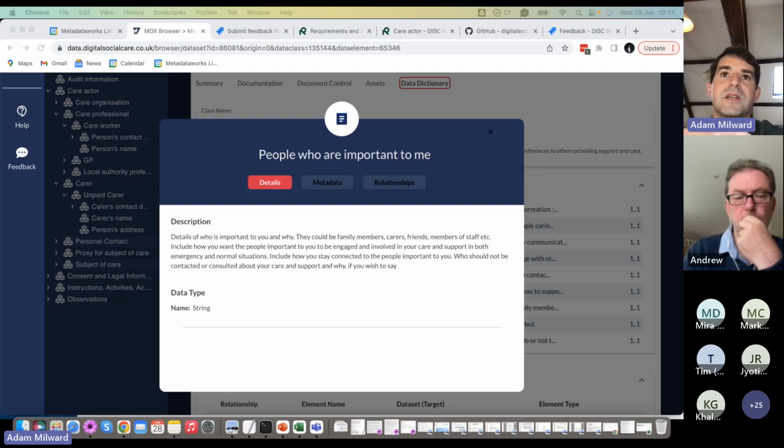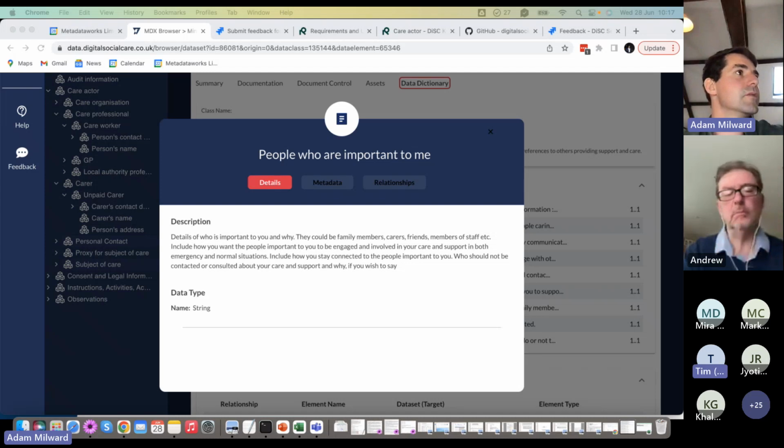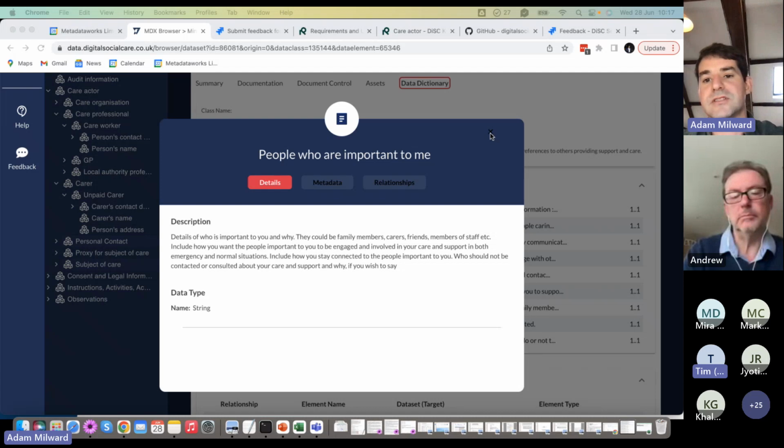So the information would be contained on a specific relationship between two people rather than on the person themselves. So let's take that comment back and have a think about it. It's a good point, and we'll try and think about how we can bring that in, because I think it's important to codify it. It would be nice if it wasn't just in the narrative section.